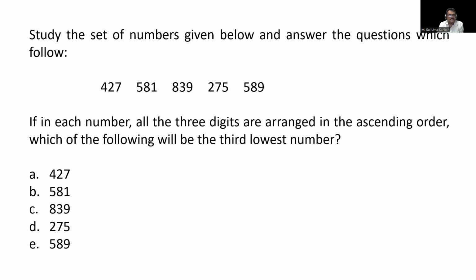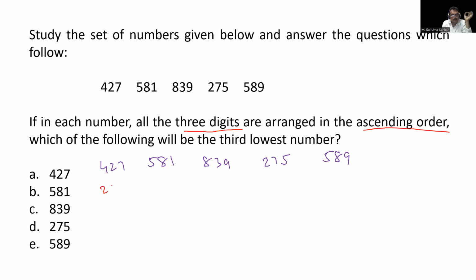Study the set of the numbers. If in each number, all the 3 digits are arranged in ascending order, which of the following will be the third lowest number? Here the numbers are 427, 581, 839, 275, 589. Each number, all the 3 digits arranged in ascending order.